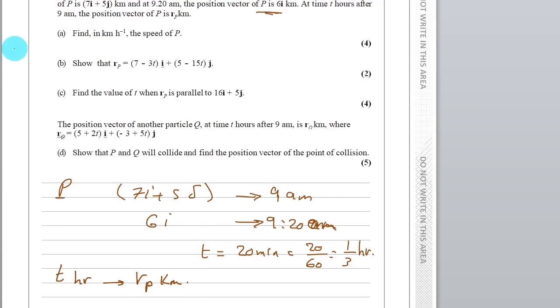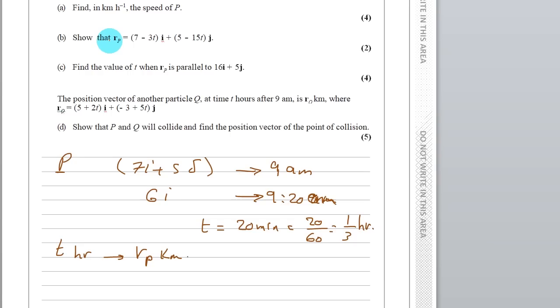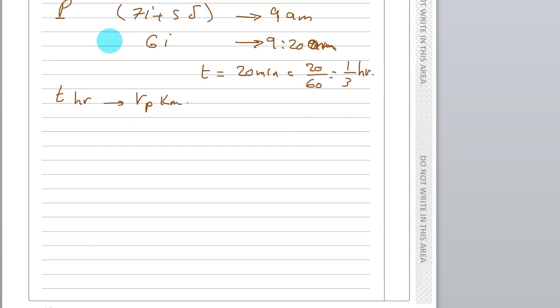Now the first question, find in kilometer per hour the speed of B. So you need the velocity V, number A. Now the position of B, RB, is equal to 7i plus 5j plus V multiplied by t.